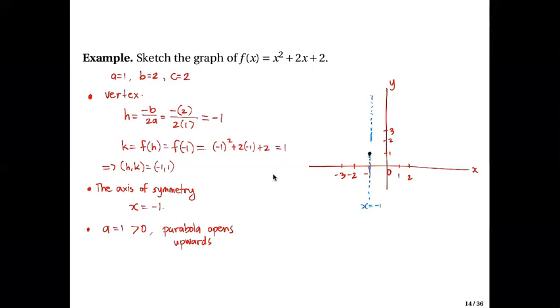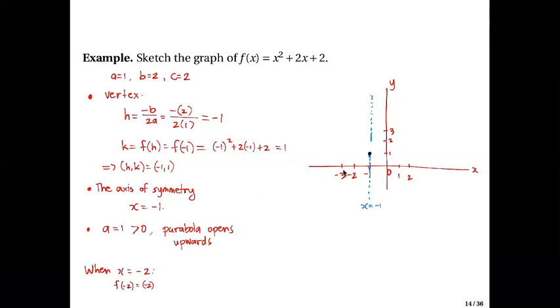Now, in order to continue the graph, what we're going to do is get two other points, one on the left of the axis of symmetry and another on the right. On the left, we choose x to be less than negative 1, so maybe negative 2, negative 3, it's up to you. Let's say when x equals negative 2, you have f of negative 2.